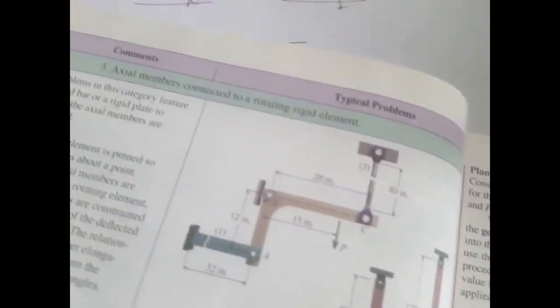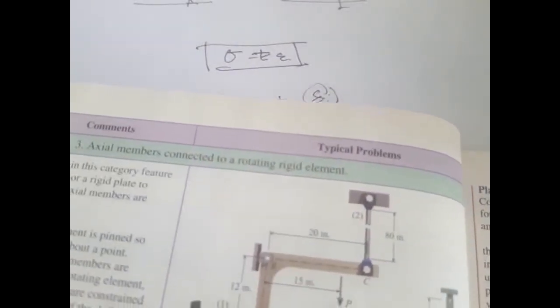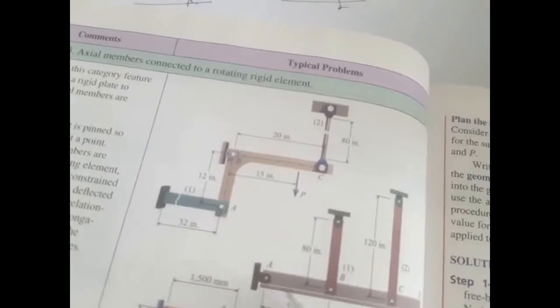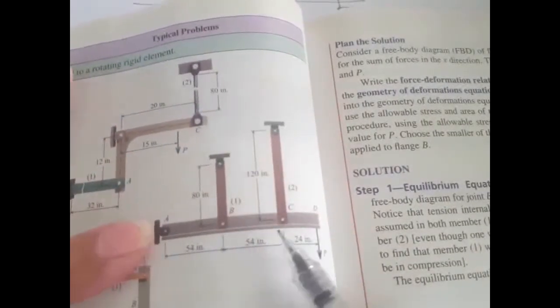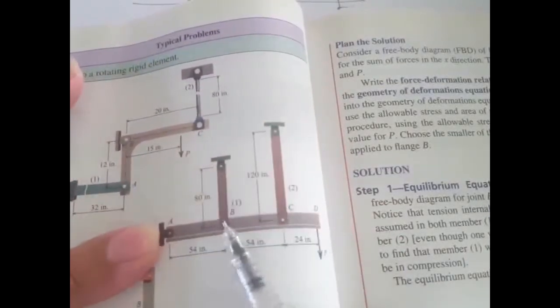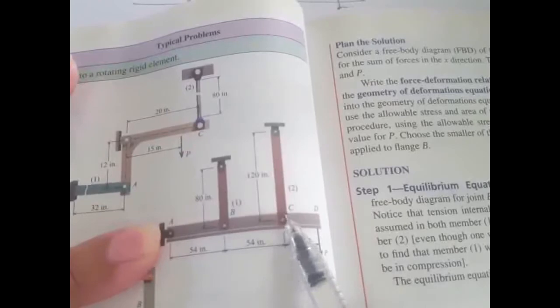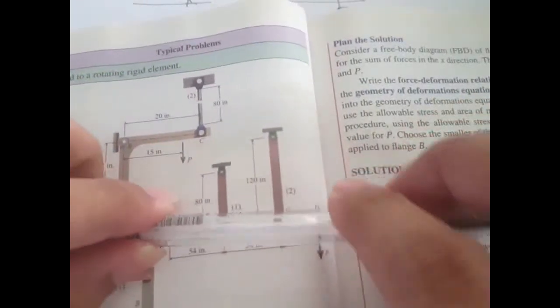And one last classification is axial members connected to a rotating rigid element. For example, we have this rigid bar, and it is connected right here, and we have this member 1, and then this member 2. If you apply a load, it will deflect something like this.